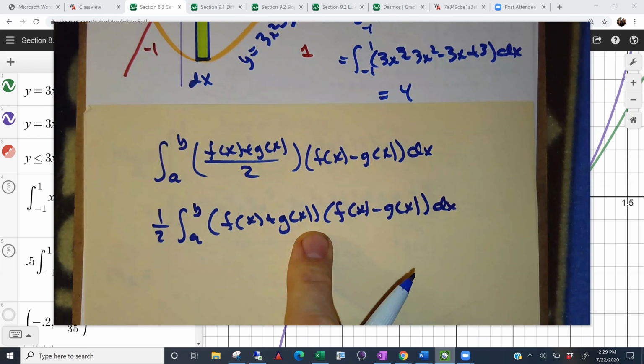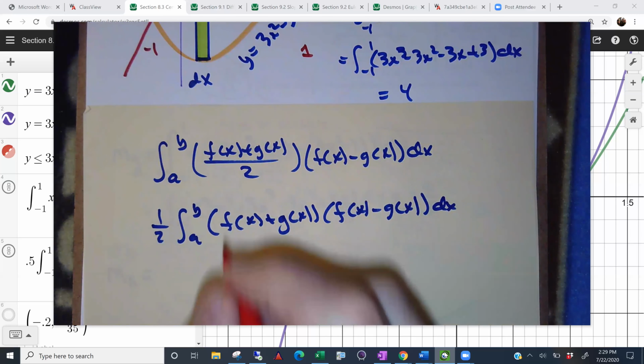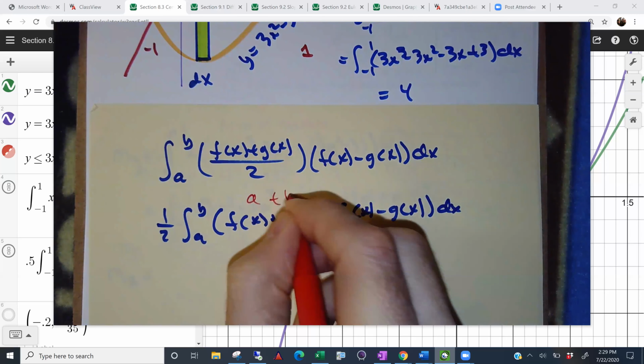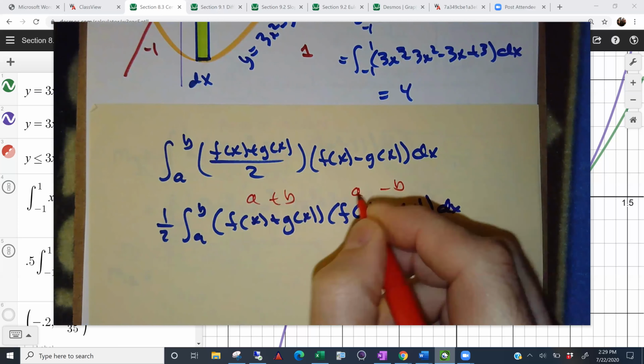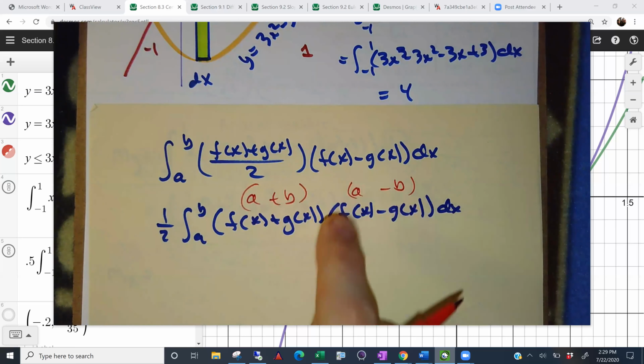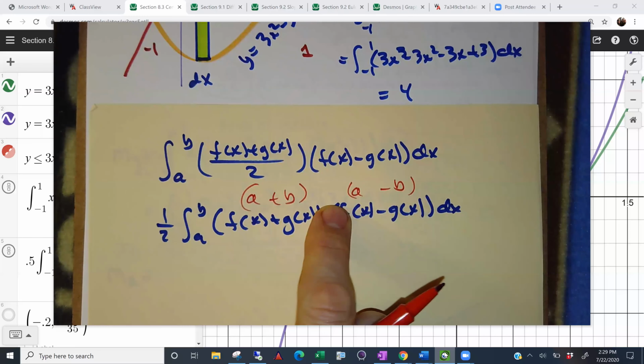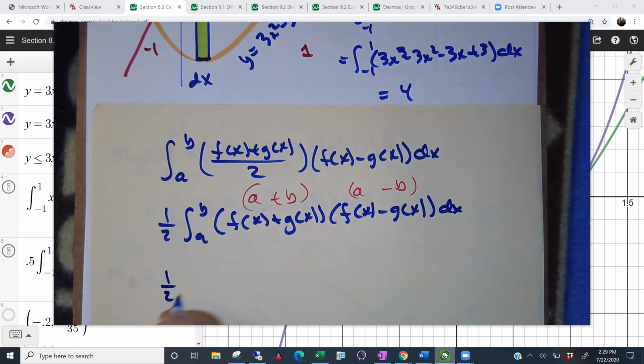Does anyone recognize what happens to something in this form? If you had a plus b and a minus b, for instance. What happens when you multiply that kind of stuff together? Perfect square, or a squared minus b squared. Yeah. So it's the difference of squares, right?